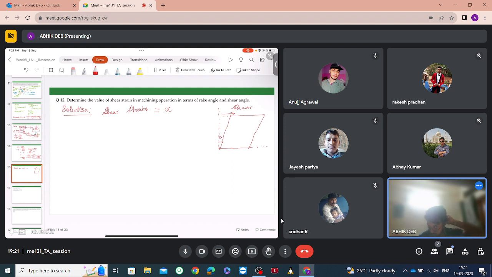So the change in the angle between two initially mutually perpendicular lines is alpha, so the shear strain is alpha.